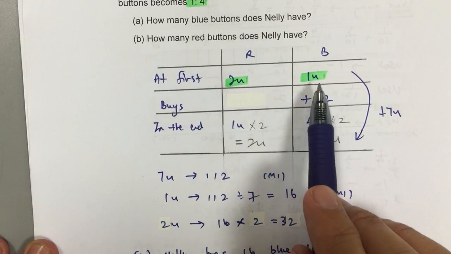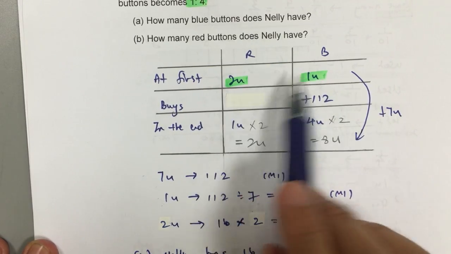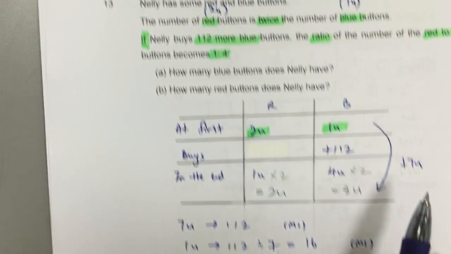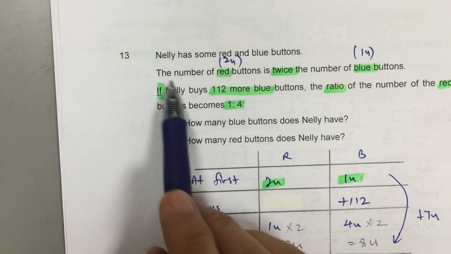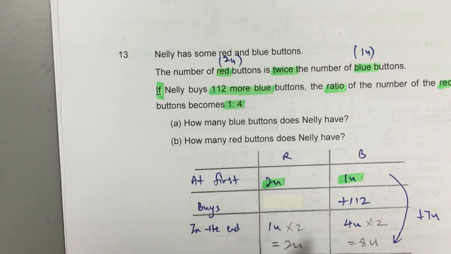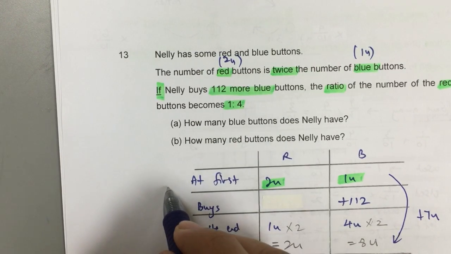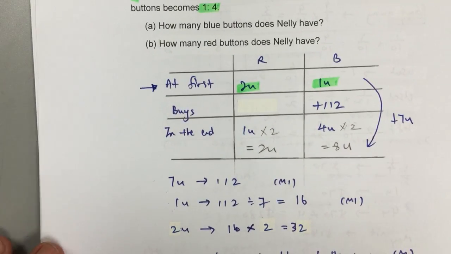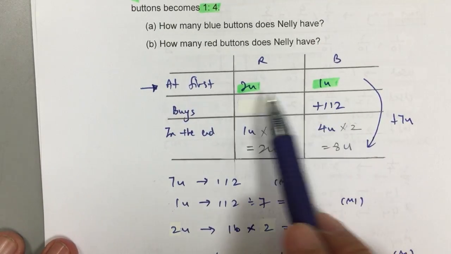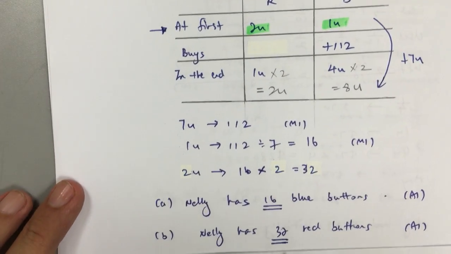You take 1 unit and 2 units for your final. You don't take these 2 because the question says if. When you see a question like this, you answer with respect to the at first amount. So 1 unit is 16, then red will be 2 units times 2, I have 32.